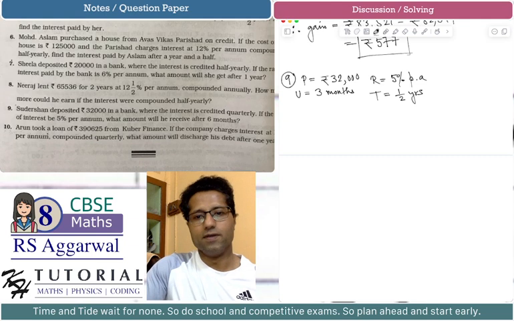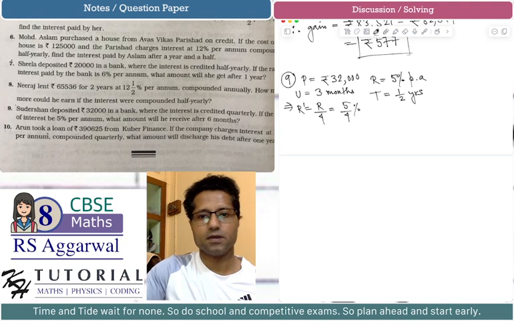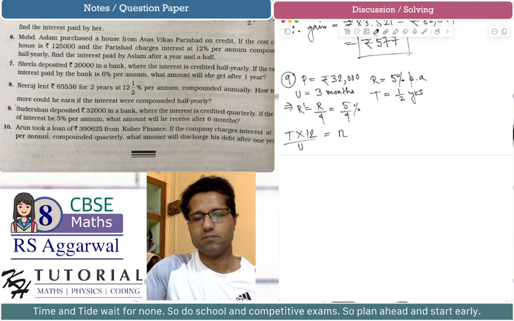Okay. So when U is equal to 3 months, remember R dash is equal to R by 4, which is equal to 5 by 4 percent. Now we have to find small n and the fraction a by b. We know that t multiplied by 12 divided by u is equal to the mixed fraction n and a by b.